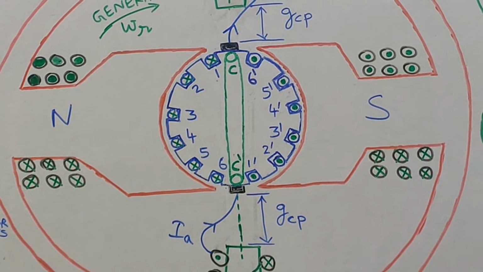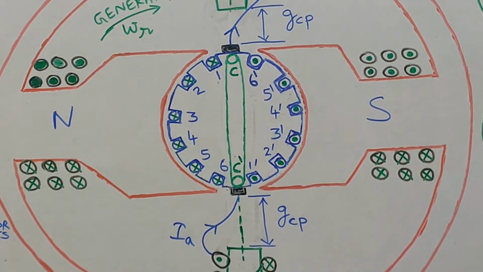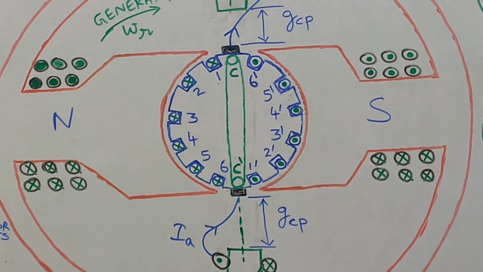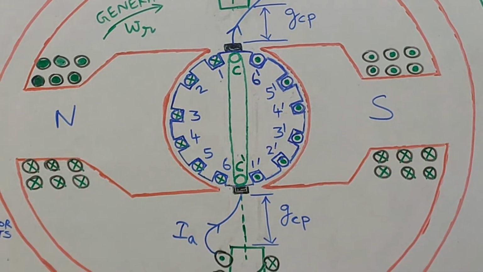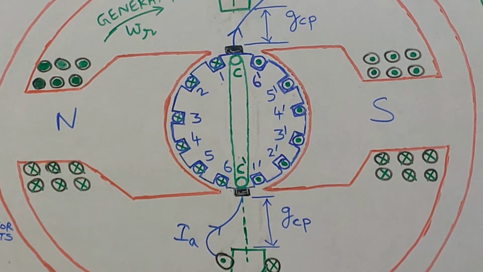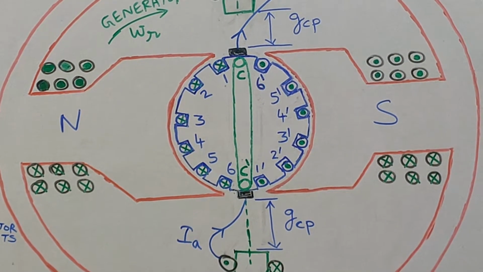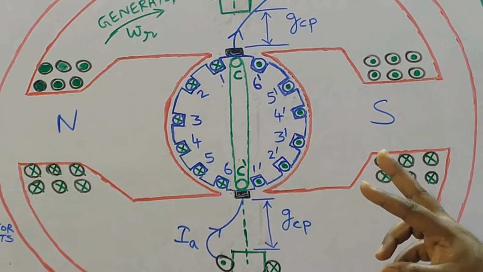Single layer winding means a slot accommodates only one coil side. If double layer winding is used, a slot will have two coil sides of two different coils.